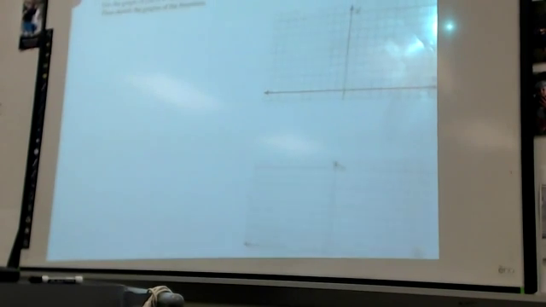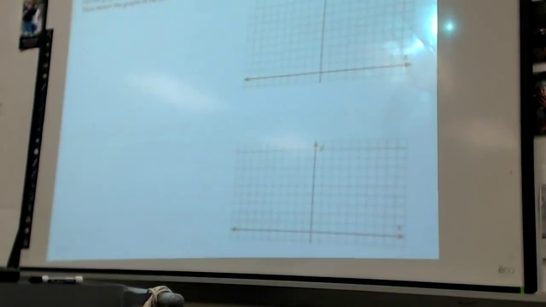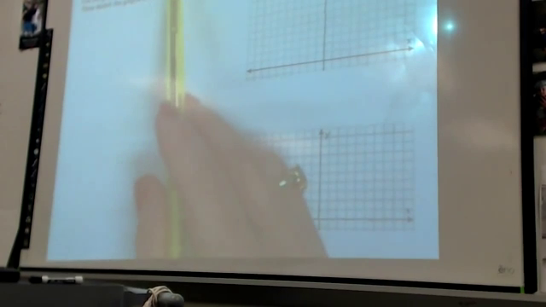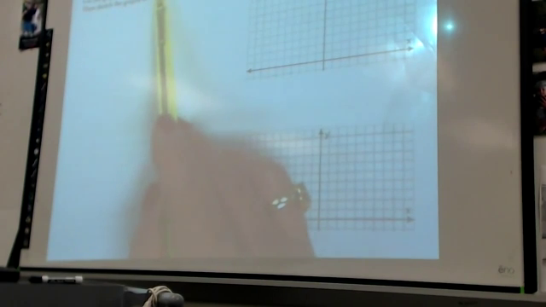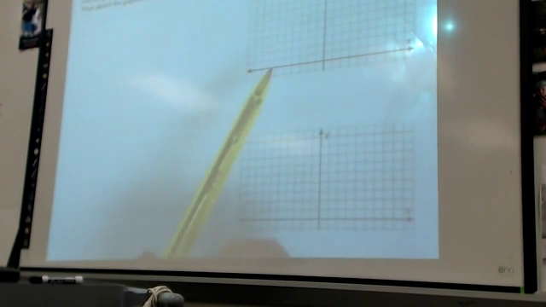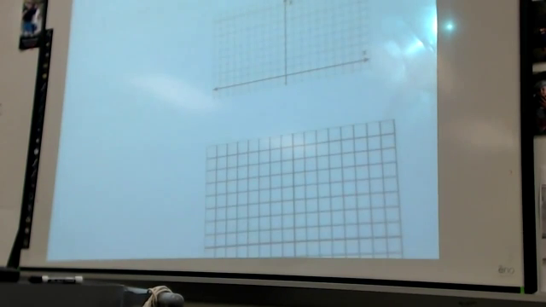All right. I'm not going to stop just yet. I'm going to have you do one thing, but we're not going to get into these yet. We're going to do some transformations, but the base graph that we're using is 2 to the x. So what I want to do is graph 2 to the x on all 3 of these, because we want the base function, and then we'll graph the transformation on top of it.